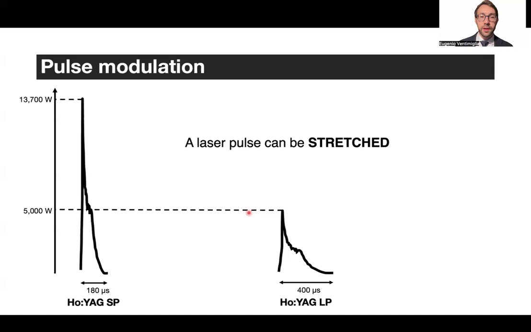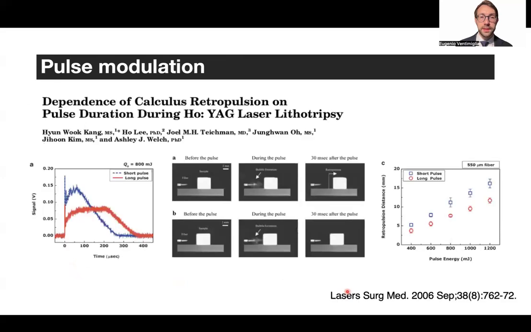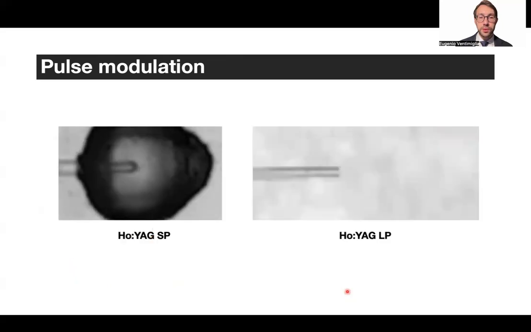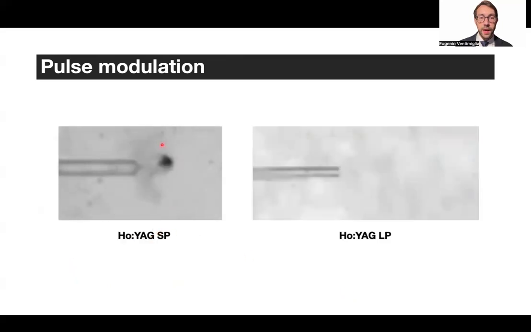So we've seen before that a laser pulse can be stretched, and we can have short pulse and long pulse for holmium. At the same time, the pulse can be modulated. Pulse modulation was mainly created for stone procedures, but at the same time, it turned out to be very useful also for tissue procedures. You see that when you have a short pulse with holmium, the bubble is very explosive.